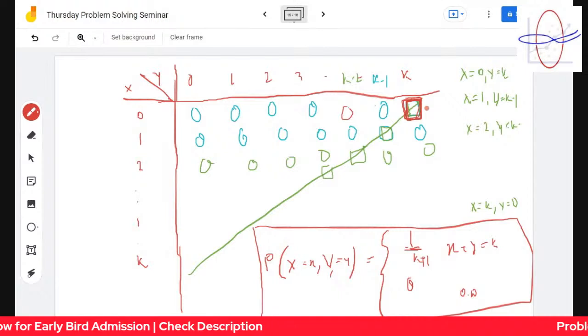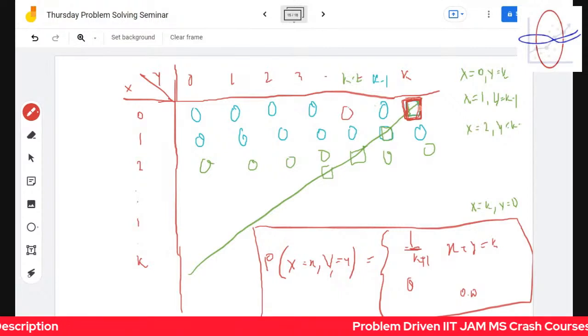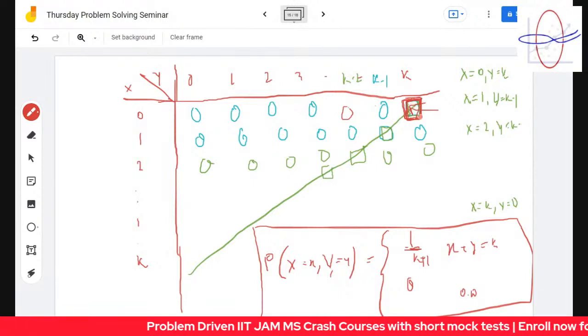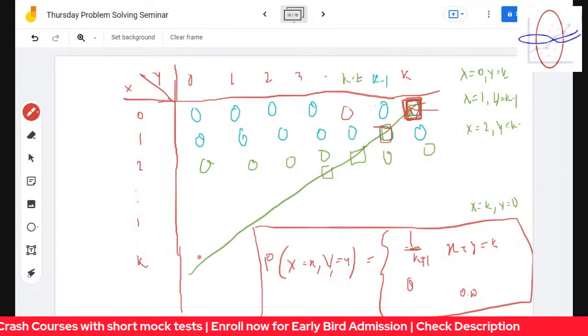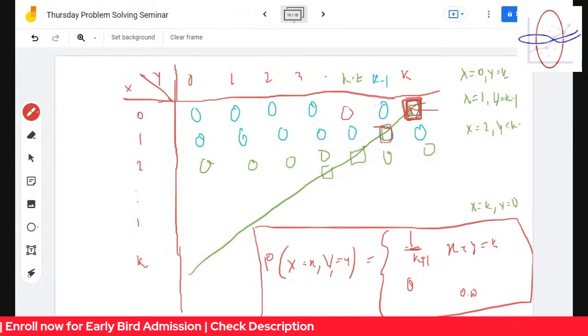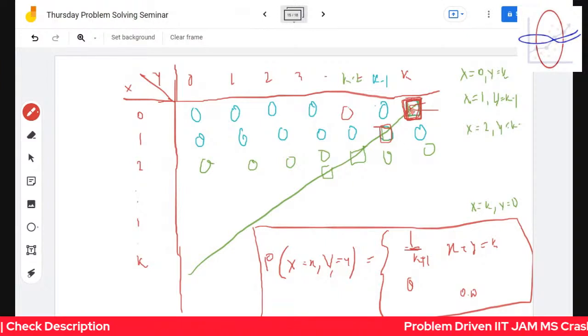Is it about independence? I have done it wrong in assuming that all these are equal probability. That is the place where I assumed wrong. Otherwise, the sum will be 1 by K plus 1. That's the place I assumed wrong.